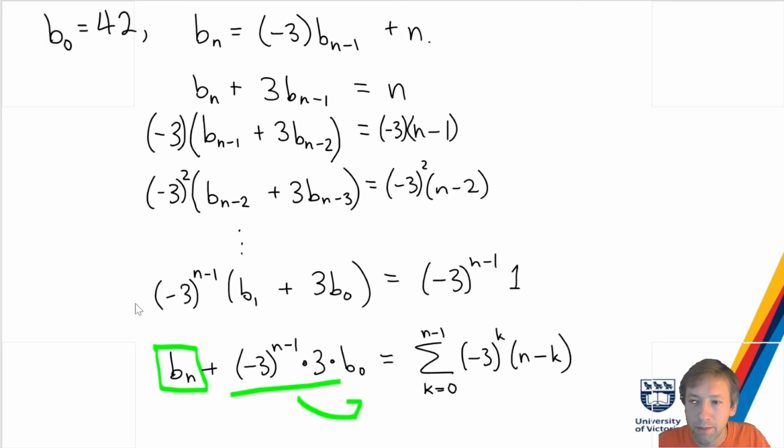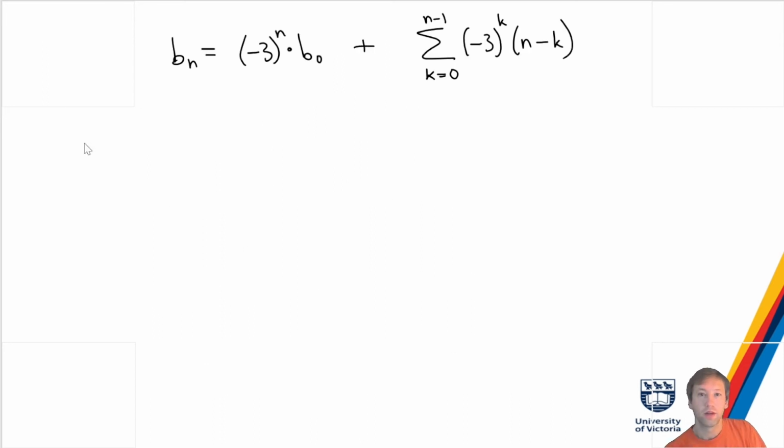My original equation had bn plus negative 3 to the n minus 1 times 3 times b0. If I subtract that to the other side, it's the same as putting a negative 3 instead of a 3 right here. Imagine that's on the other side, and I've still got my finite sum here. So the question now is, what do I do with this sum?